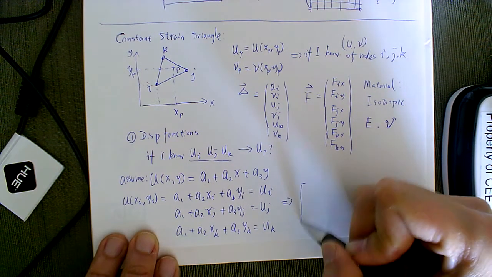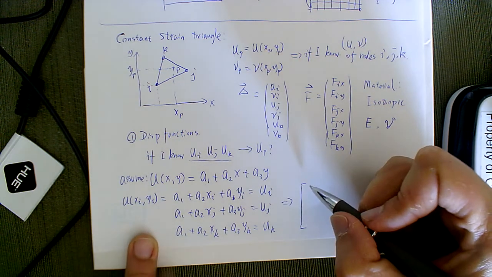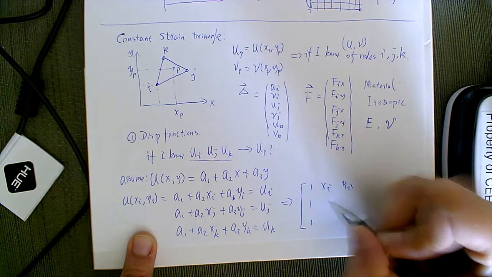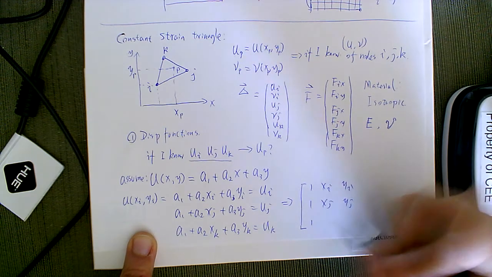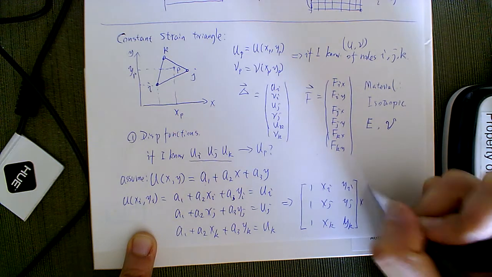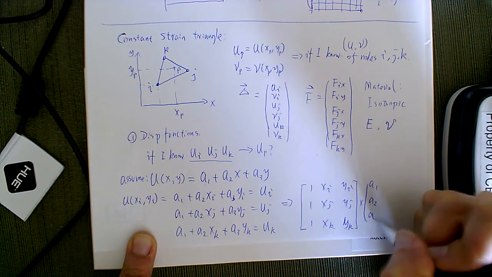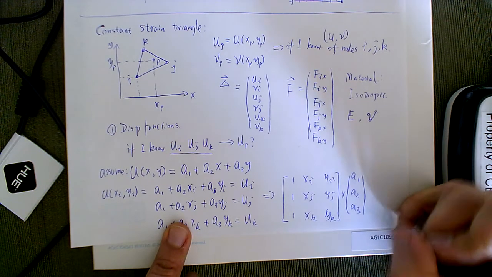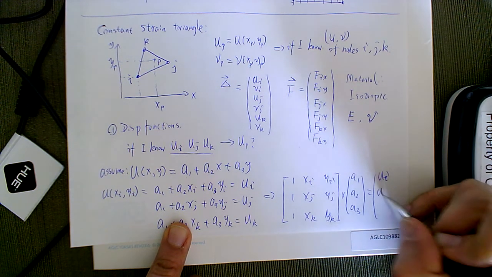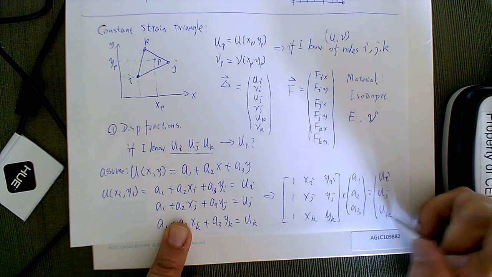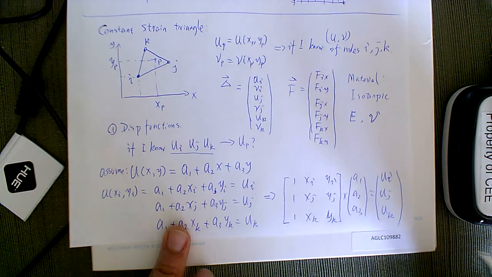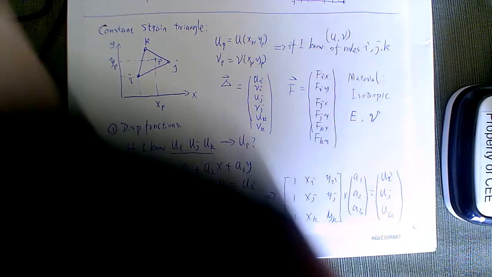So what we're actually going to solve is a linear equation like this: the matrix with rows 1, xi, yi; 1, xj, yj; 1, xk, yk, times a1, a2, a3, equals the known displacements ui, uj, and uk. You could think about v as being exactly the same.